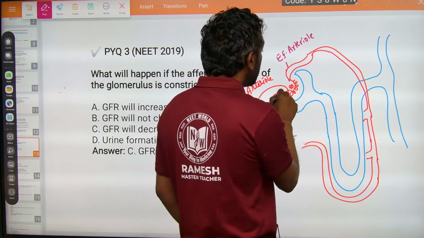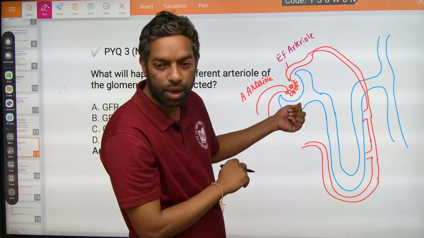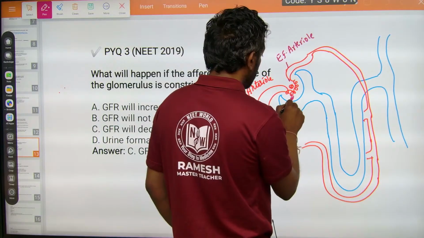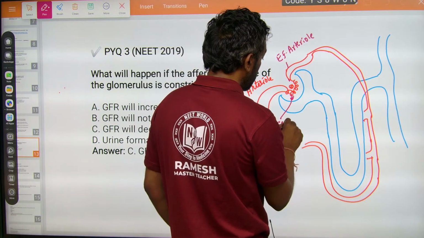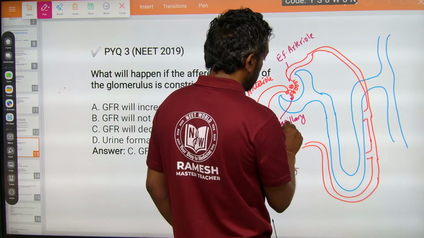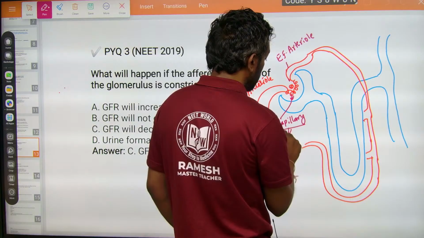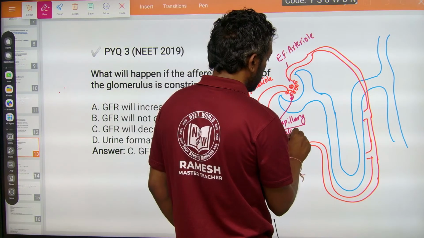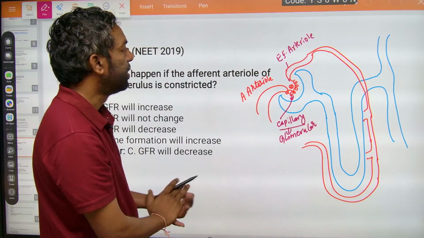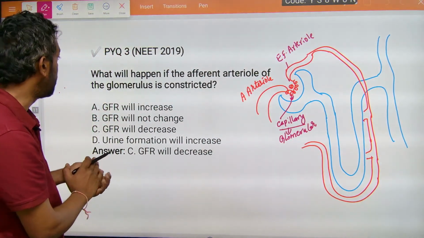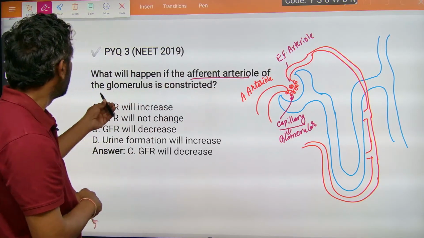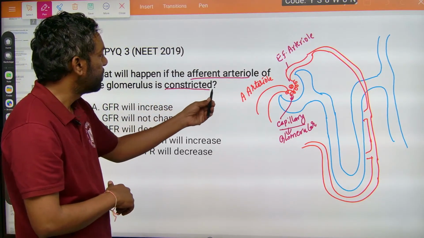Between them, the arteriole divides into a capillary network, which is the glomerulus. So what they ask here is, what will happen if the efferent arteriole of the glomerulus is constricted?